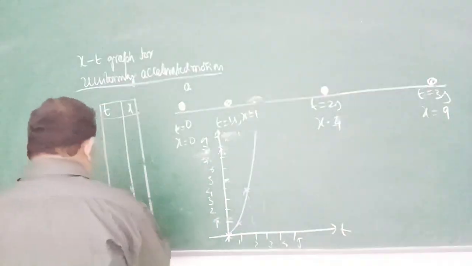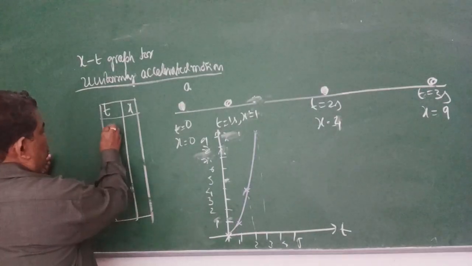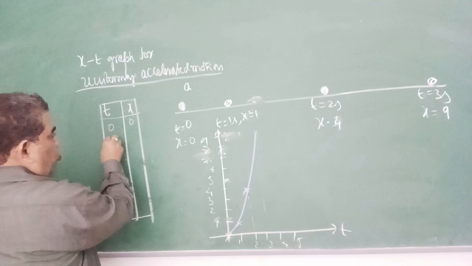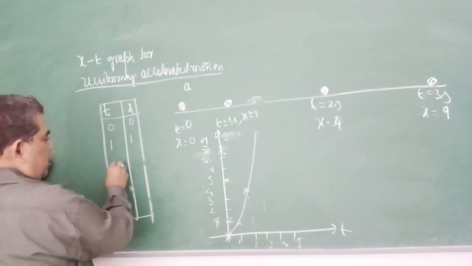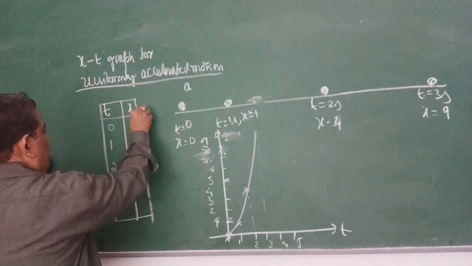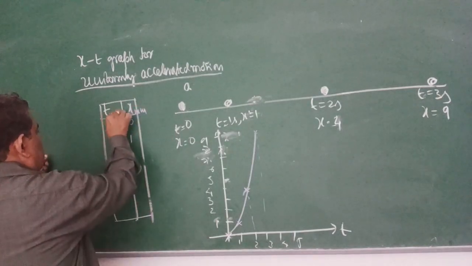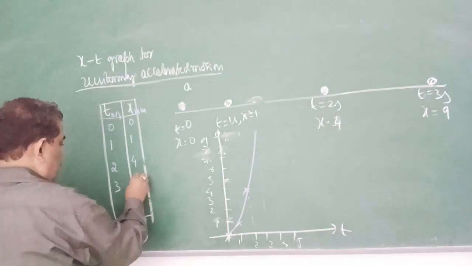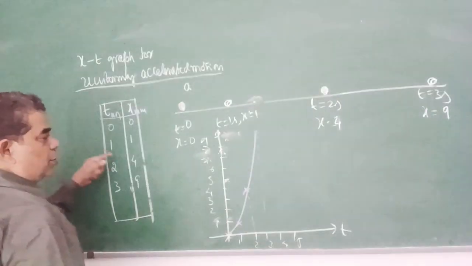Here also, if you want to complete the tabular column: 0, then 1 second 1 meter, 2 seconds 4 meters, x in meters, t in seconds, 3 seconds 9 meters. It goes like this.